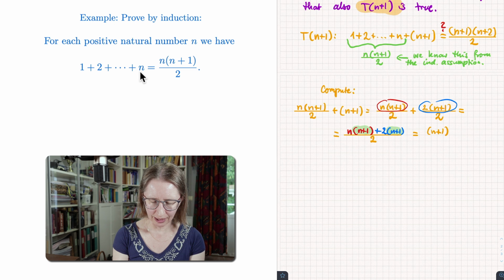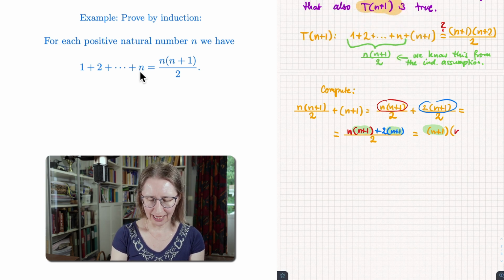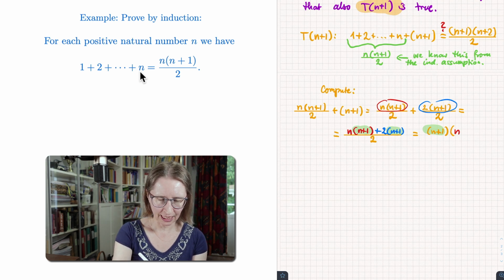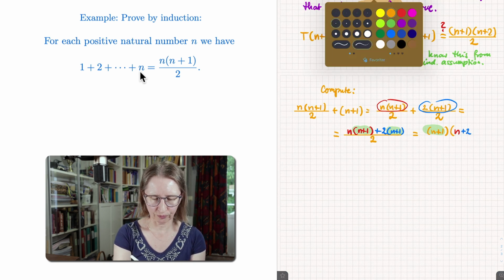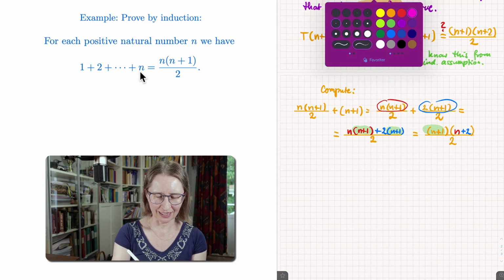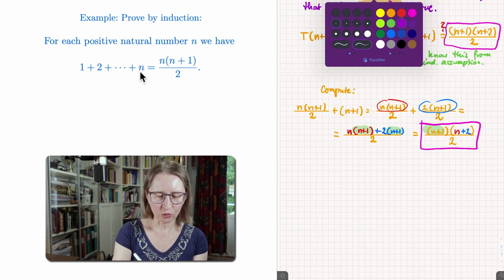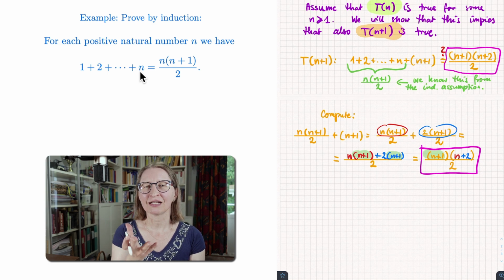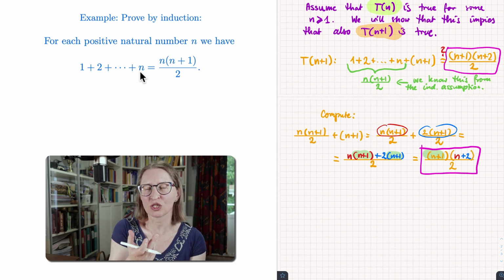It is n plus 1, and in the parentheses I will first get n from the first term, and from the second one I will get plus 2, right? And now I look at this and I see that I got exactly the same result as I was supposed to get. So now I have shown that indeed, if the statement t of n is true for some n, then it must be true for the next number, which is n plus 1.